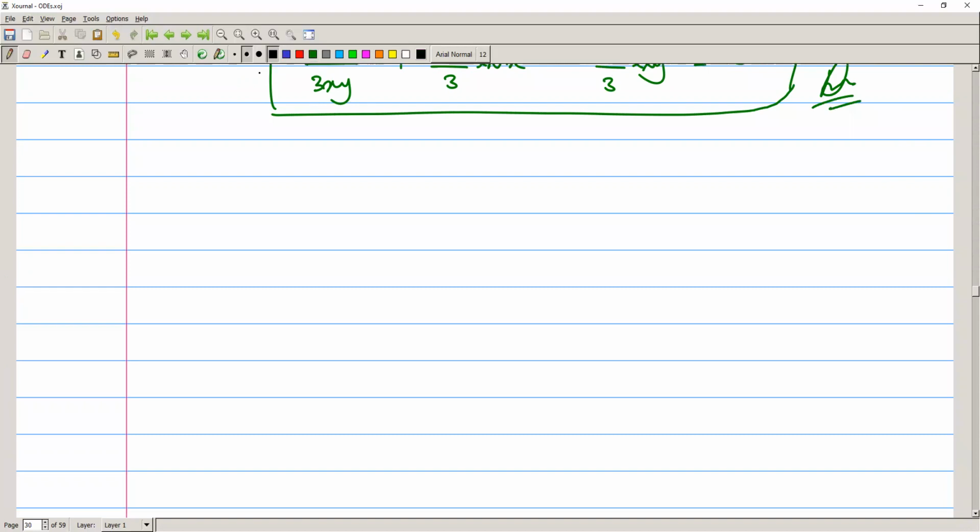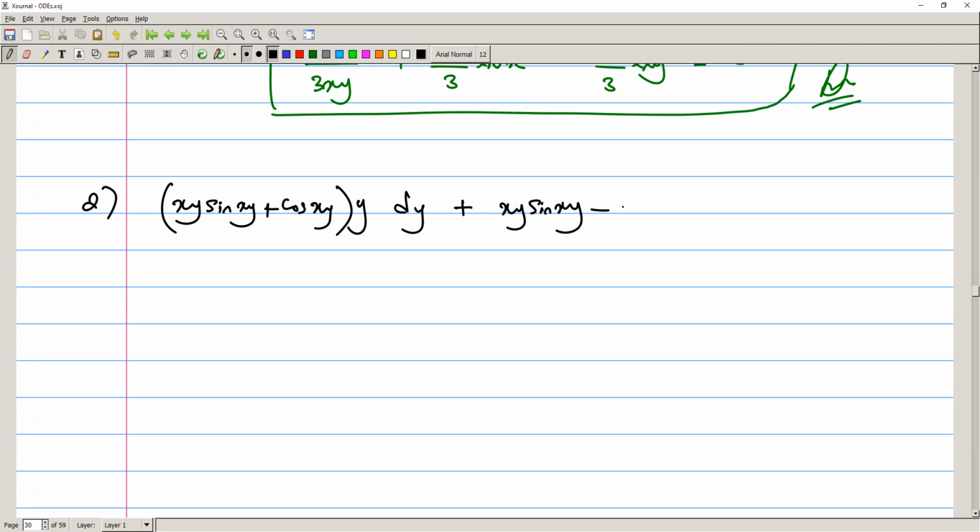Let's take one more example. Let's say we have xy sine xy plus cosine xy, multiplied by y, and then we have dx, plus xy sine xy minus cosine xy, times x dy is equal to 0.